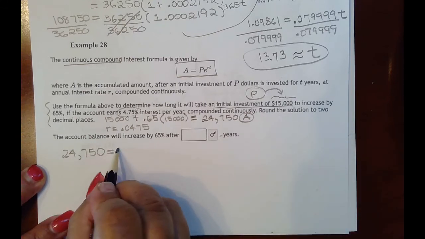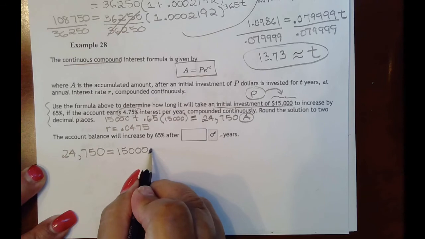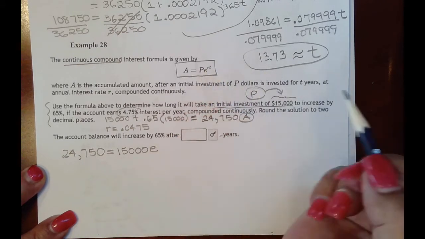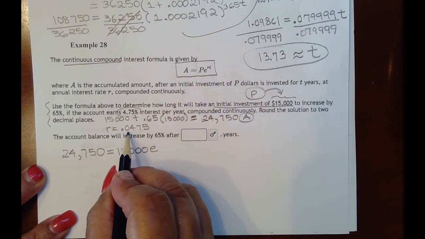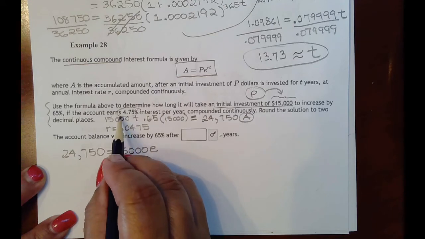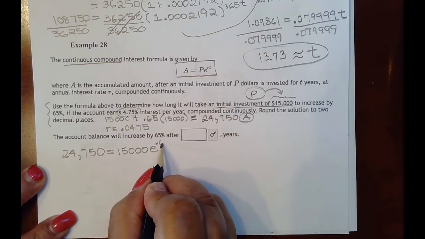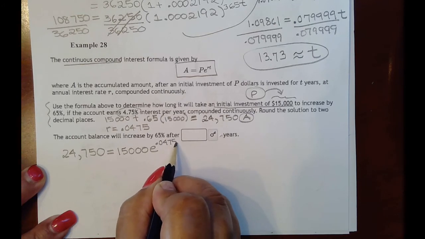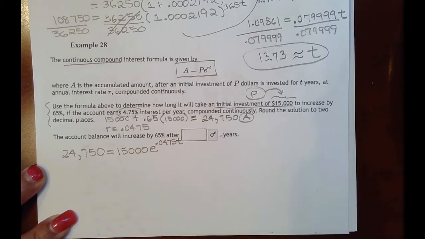Principal amount was 15,000. Then it's times e raised to a power of r times t. That rate has to be a decimal, and this is the decimal equivalent of 4.75%, 0.0475, as the rate times t. That's the power on that e.